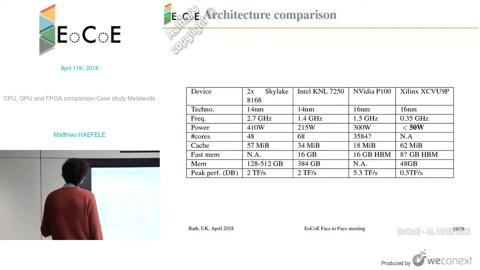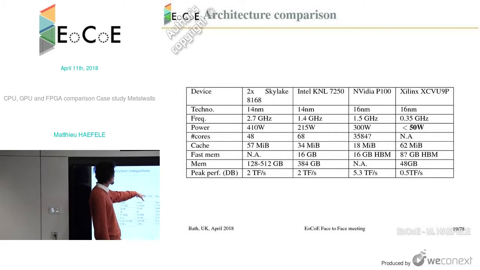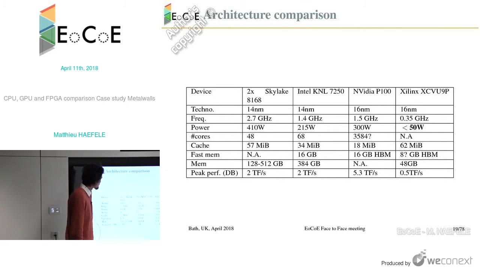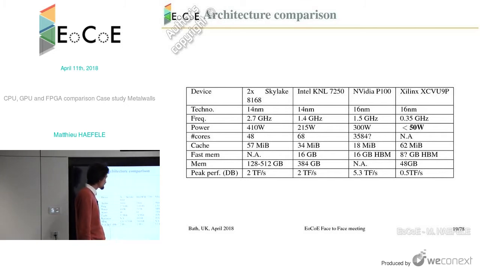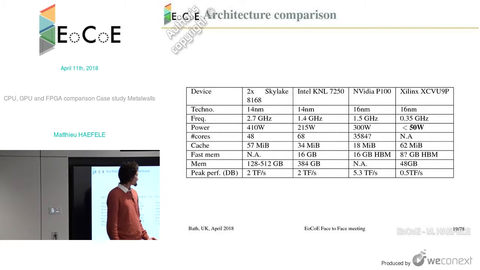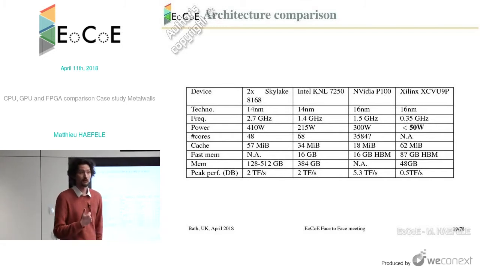So if we compare the different kinds of chips at our disposal for doing computation, we have what most of you know: Skylake, Knights Landing, still Intel chips, NVIDIA Pascal, and then you have this new guy, this Xilinx with a strange number, which is an FPGA.